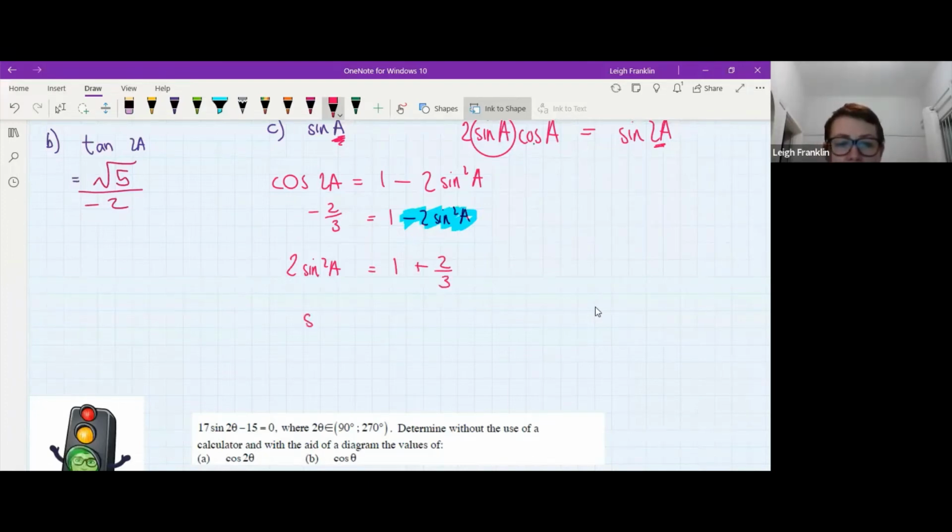I'm now going to make sine squared A the subject of the formula. So now I want to say 1 plus 2 over 3 equals, and then I want to divide it by 2. What are you guys getting? You're getting 5 over 6 as an answer?